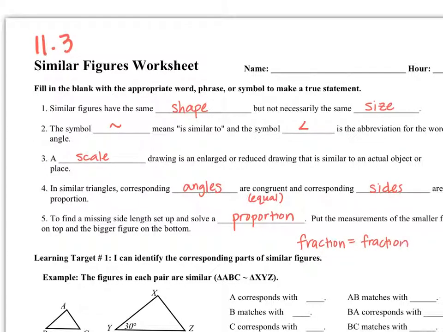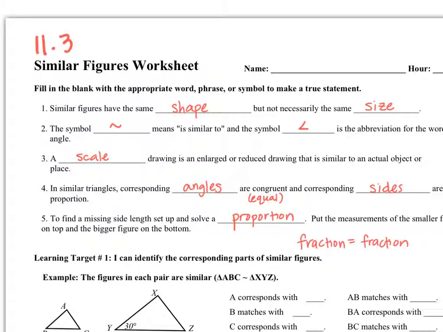And the rest of this last sentence says how we're going to set up our proportion. We're going to put the measurements of the smaller figure on top of the fraction, and then the measurements for the bigger figure on the bottom of the fraction. There's other ways to do this, but that's how we'll be setting it up and making our proportion, and then from there solving it.